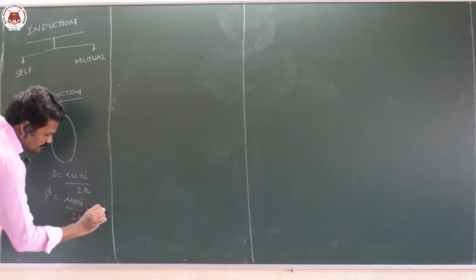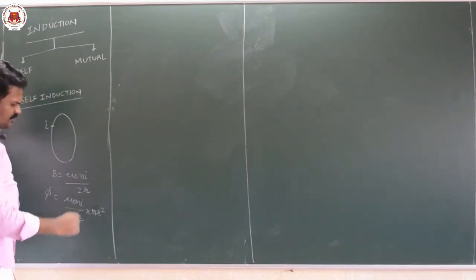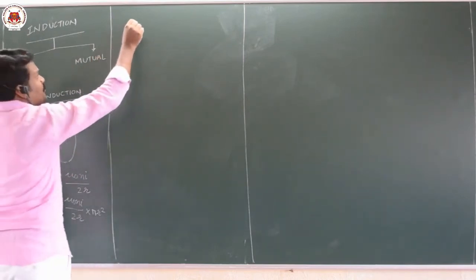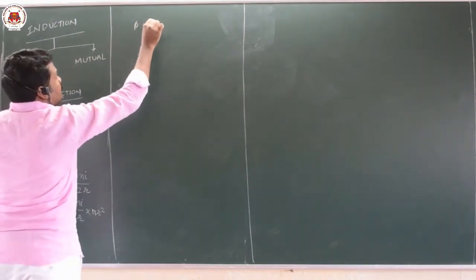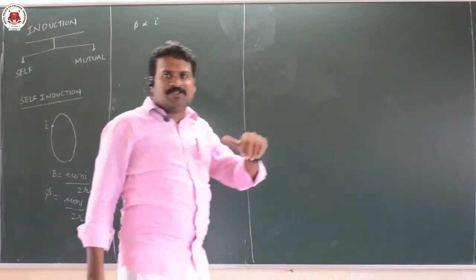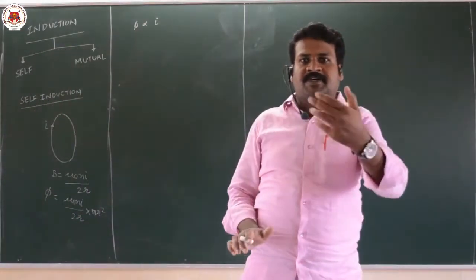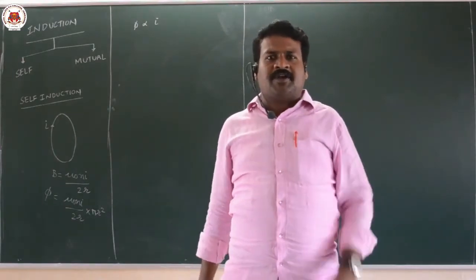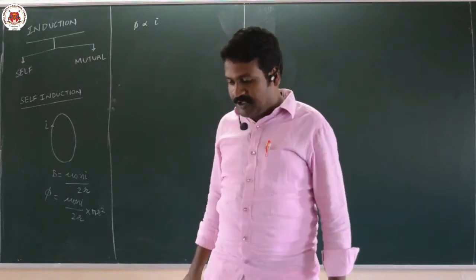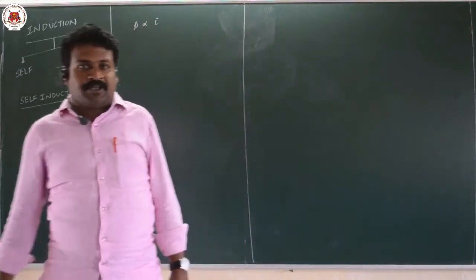This is the flux. If everything is maintained constant, radius everything is maintained constant, flux is proportional to current. So that means if I change current, flux is changed. So according to Faraday, if flux is changed, EMF is generated.